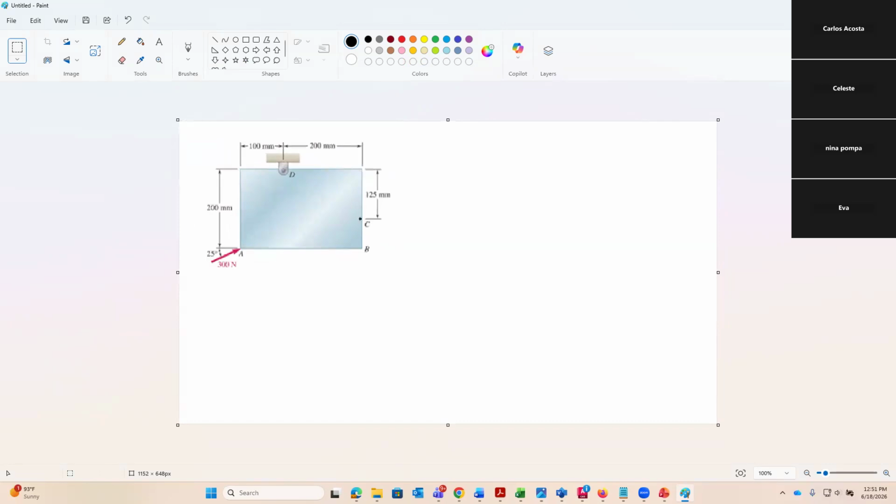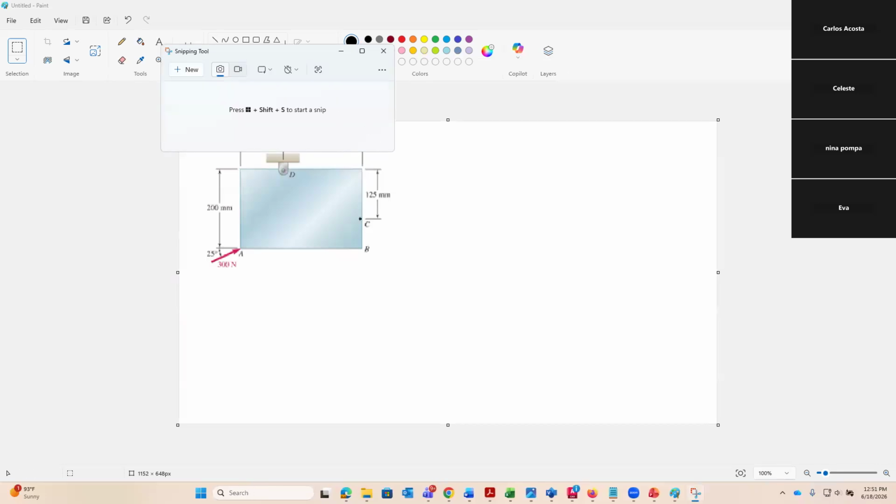And it says, what is the question? Where is the question? Why are they asking a 300 Newton? Let me bring that too. I was trying to take a screenshot of it and I don't see it.